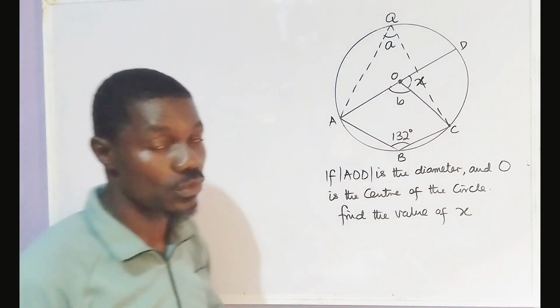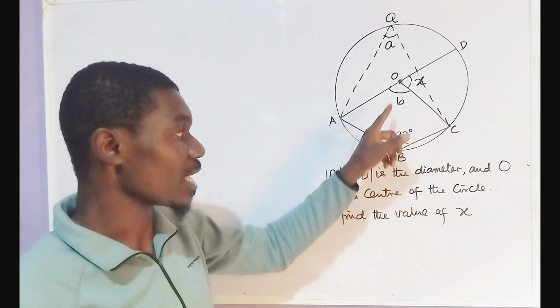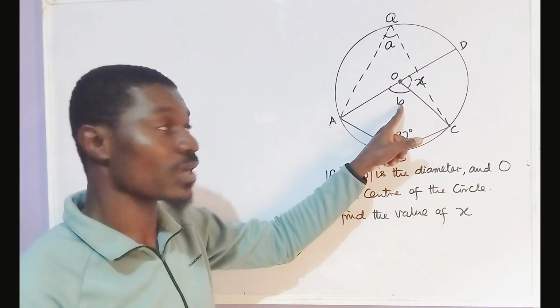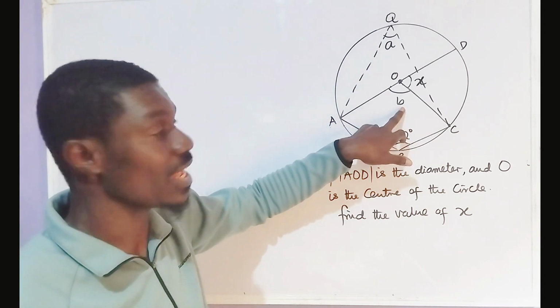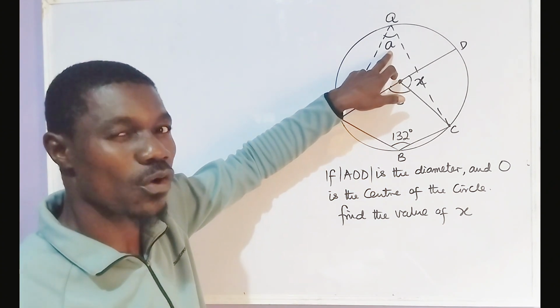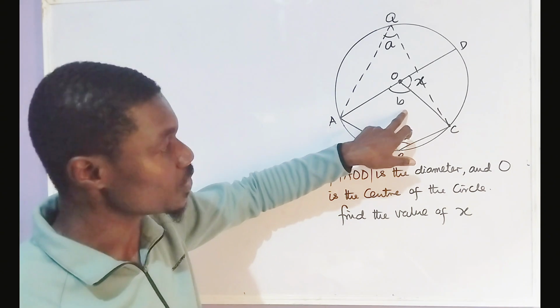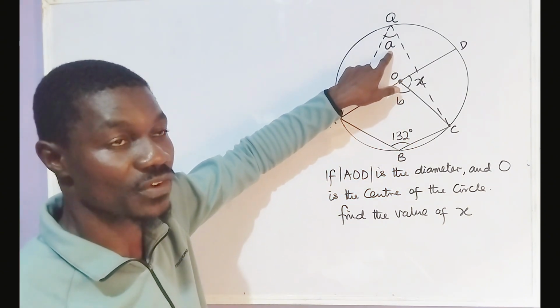Because there's a rule in circle geometry that says that angle at the center equals twice angle at the circumference. So since B is at the center and A is at the circumference that corresponds to B, we need to find this A, which is at the circumference.